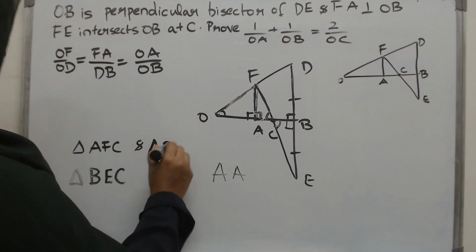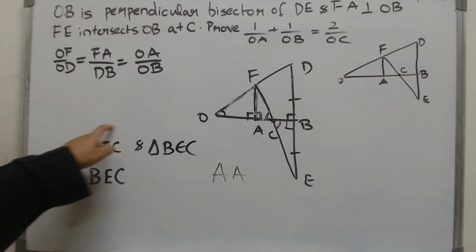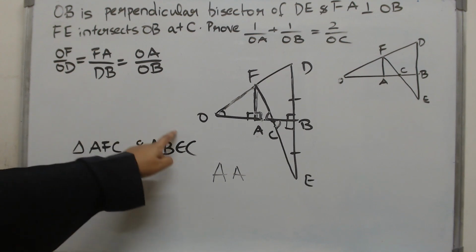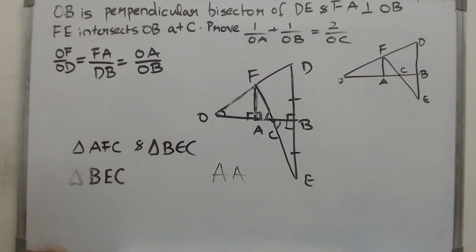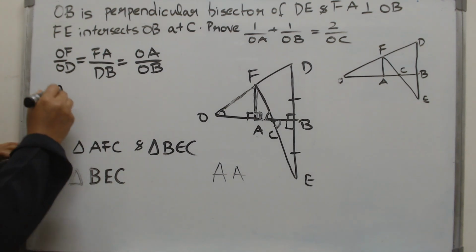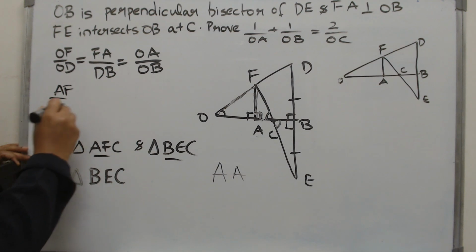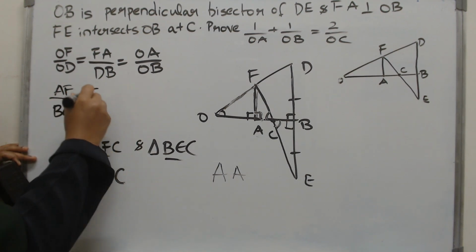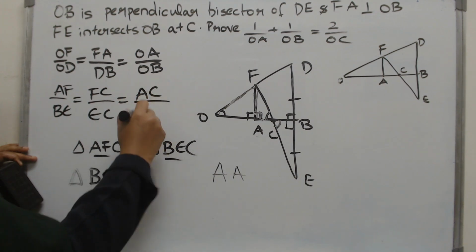And the minute you see two similar triangles, what should you understand? The first two angles equal, the second two angles equal, and the third two angles equal. And how does the ratio work? The first two sides here, and the second two sides, and the third two sides there.